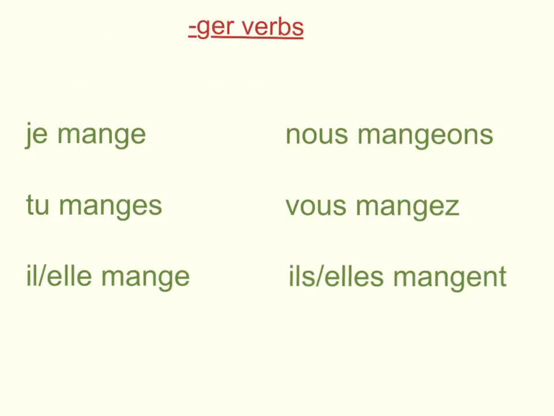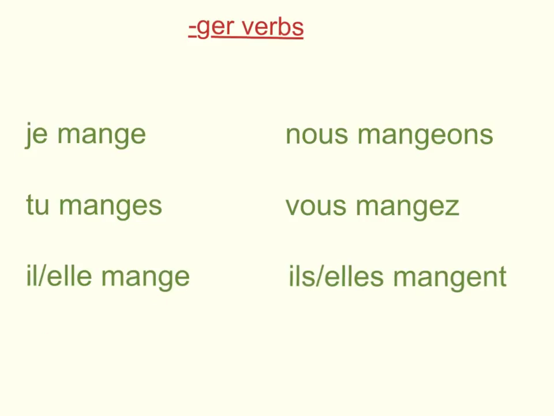So here's an example of a GER verb. We're using the verb manger here, which means to eat. And I went ahead and listed out the entire conjugation. So we have je mange, plain ER verb, we dropped the ER, we added E for je. Tu manges, nothing's different here, just the ES ending.